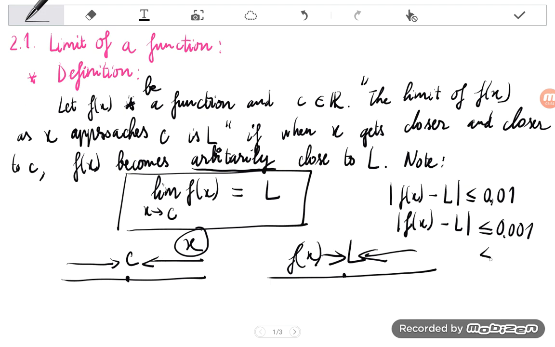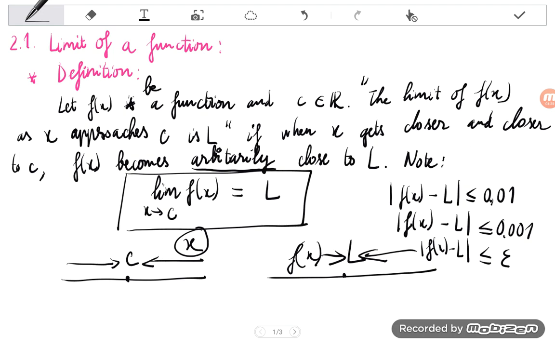And in general, if you want the distance between f(x) and L less than epsilon, very small but greater than 0, of course you can choose a value x near C so that this inequality holds. This is the intuitive definition of the limit of a function.